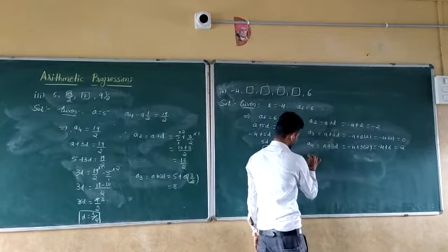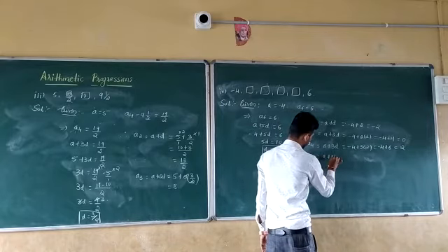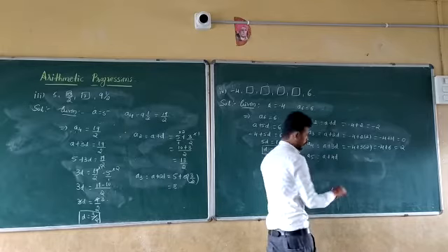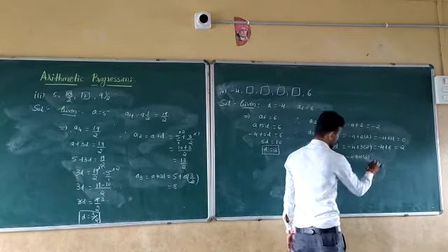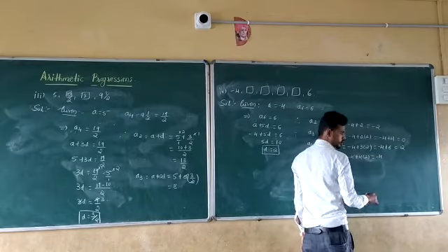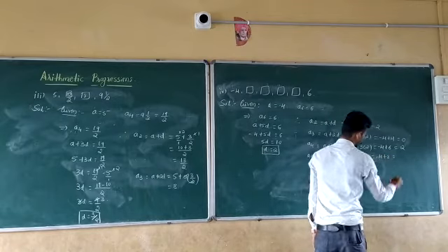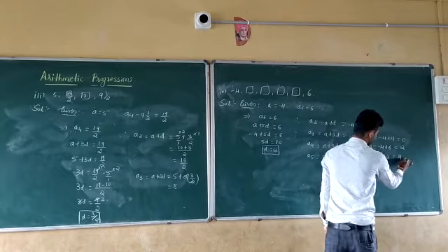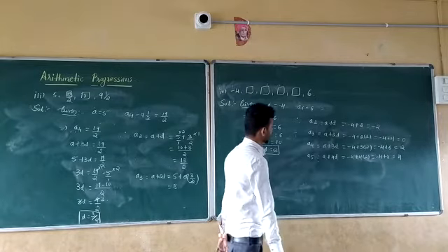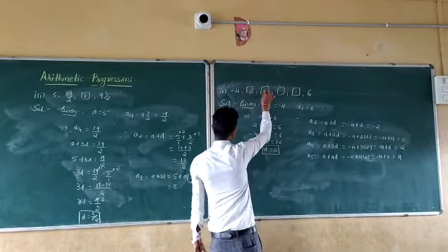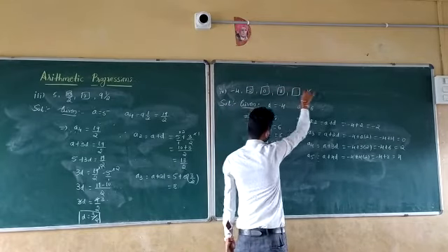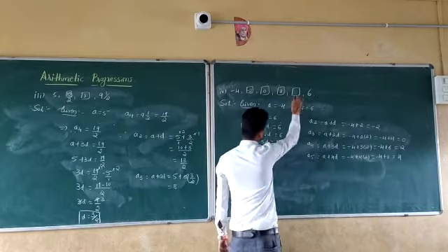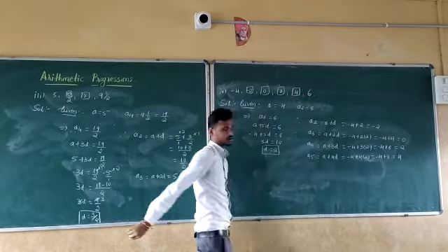Next, a5 is A plus 4d, so minus 4 plus 4 into 2, 4 2s are 8. Minus 4 plus 8, 4. Therefore, the second term is minus 2, third term is 0, fourth term is 2, and fifth term is 4.